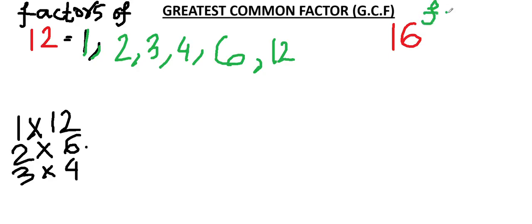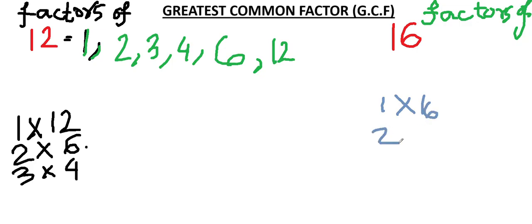Now let's come to the factors of 16. If you know how to find out the factors of 16, I would request you to please pause this video and go ahead by yourself and then come back and check the answer. Okay, so factors of 16. 1 times 16 definitely gives us 16. 2 times 8 gives us 16. 3 times something doesn't give us 16, so 3 is not a factor. 4 times 4 gives us 16. 5 times nothing gives us 16.